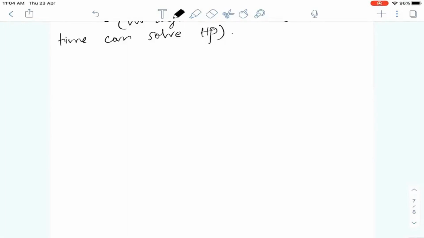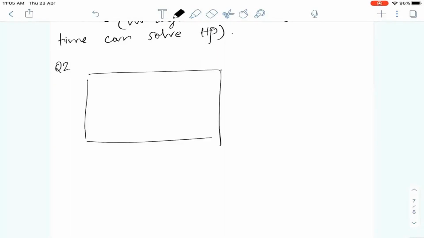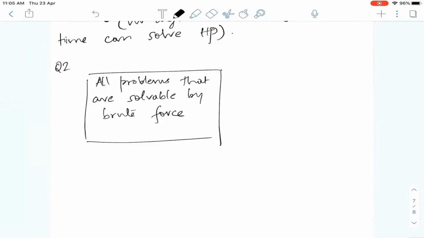So question 2 is, suppose now I give you the set of all problems that are solvable by brute force. It's not clear what this exactly means.